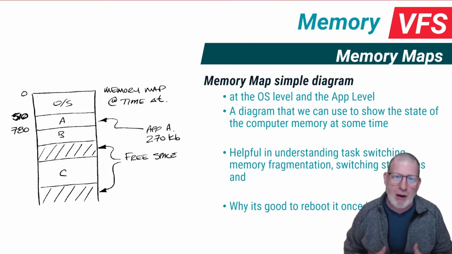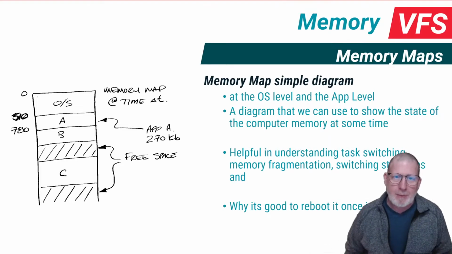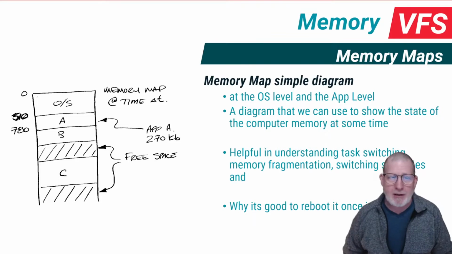Rather than having the power supply go on and off and break, I let my machines run almost 24 hours a day. They might sleep or hibernate, that's fine, and I just tap a key on the keyboard and I'm back up and running. But at least once a week, I will shut everything down and reboot the computer because of this memory fragmentation, so that it has a chance to clean up behind itself.